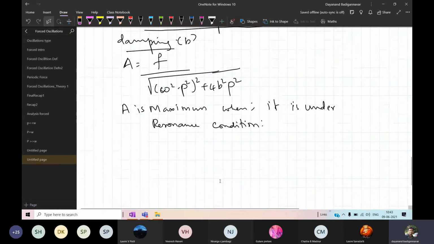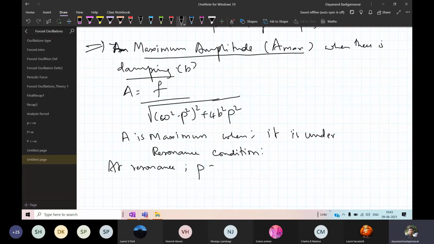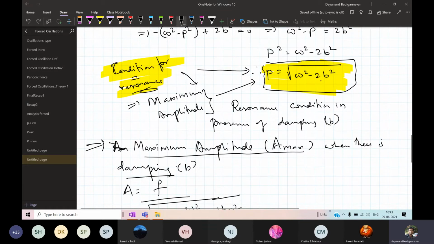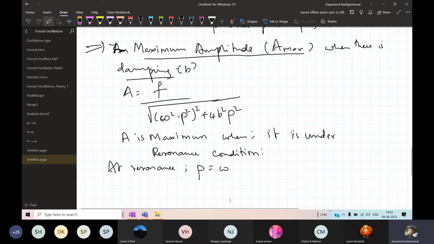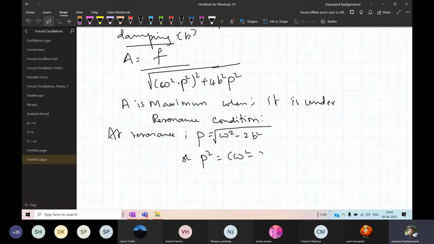Now, at resonance, P is equal to omega when there is no damping. But here there is damping, so P is not equal to omega. Rather, P is equal to root of omega square minus 2b square. So this is the value for P. Or I can take it as P square is equal to omega square minus 2b square.